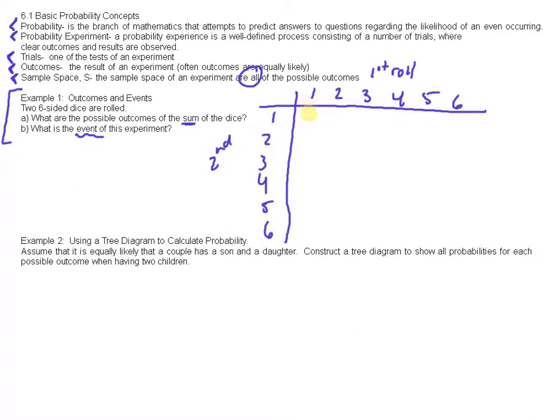Now the first roll. 1 and 1 is 2. 2 and 1 is 3, 4, 5, 6, 7. 2, 3, 4, 5, 6, 7, 8. And I always tell students 6, 7, 8, 9. So no matter what, do this on the test, because when you're writing with a pen, it takes a lot less time.